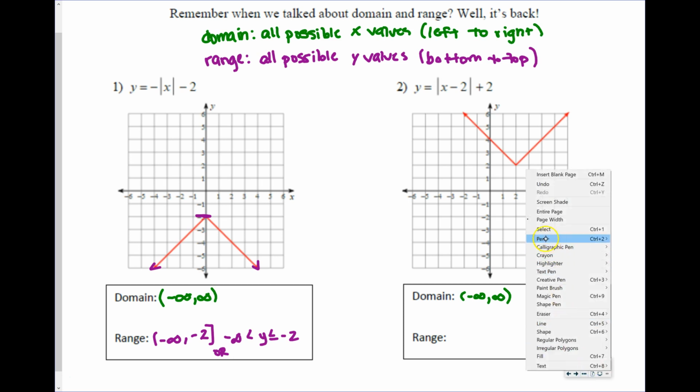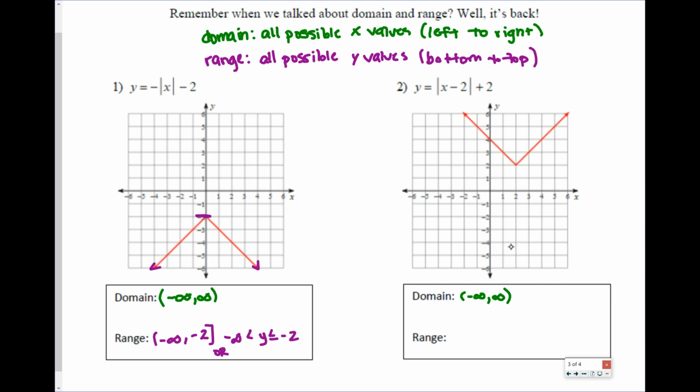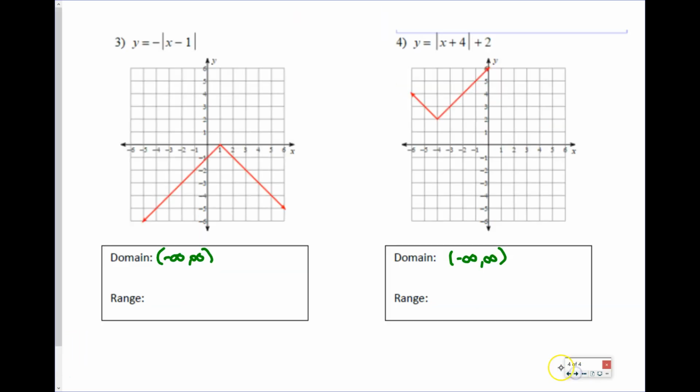The range for this next one, my farthest bottom point is now that thing. And that lines up with 2 in the y, so my very lowest point is going to be 2. My highest point, those arrows go up forever and ever and ever, so that's going to be +infinity. Okay. The range for this one, -infinity. I know that because I've got the arrows here and here, but it does stop right here at 0.